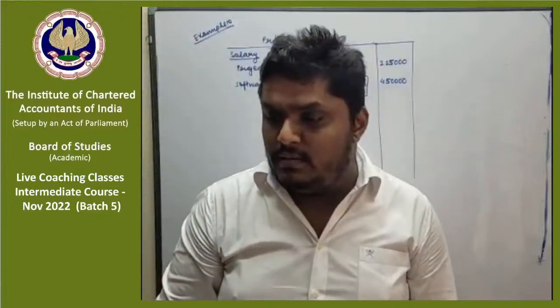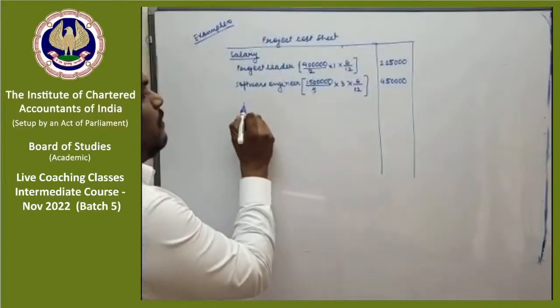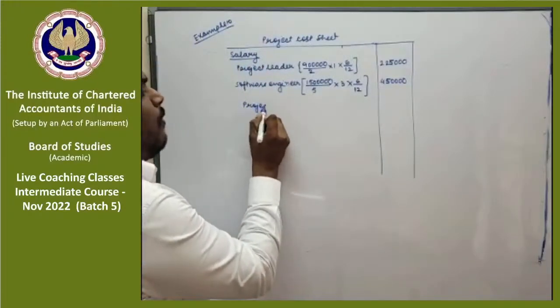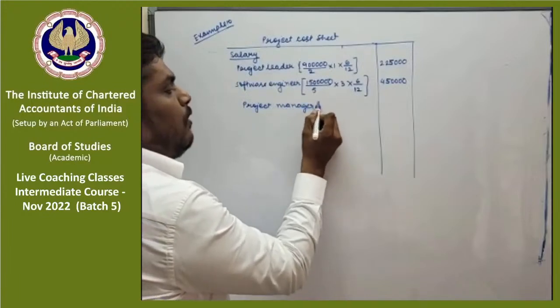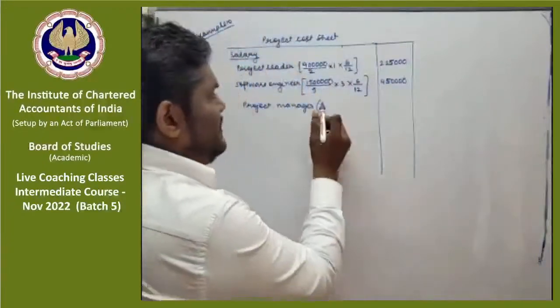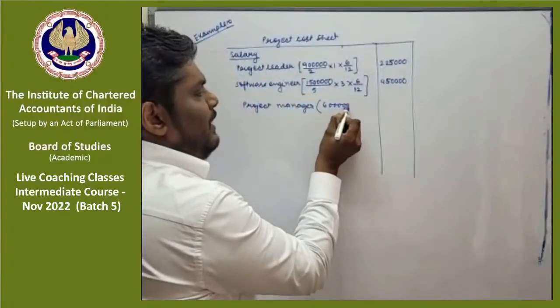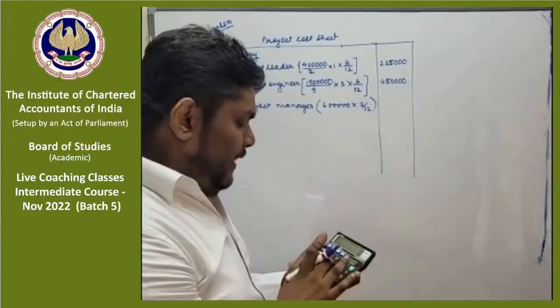Apart from this, there is a project manager who spent 2 months' time. There is only one project manager in the company who is paid 6 lakh rupees as salary. So 6 lakh into 2 by 12.